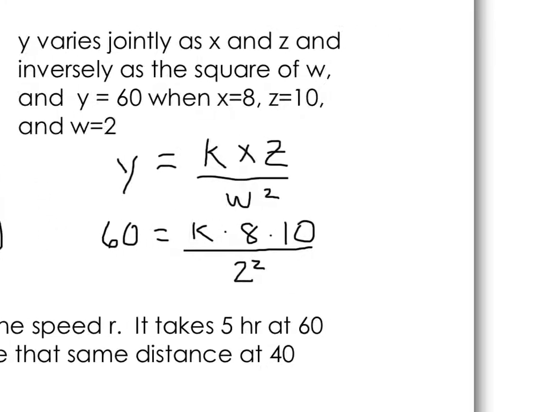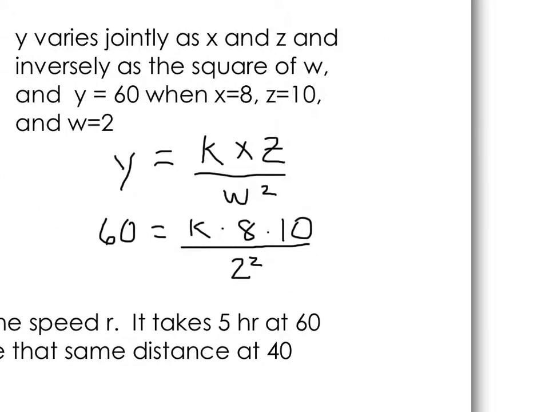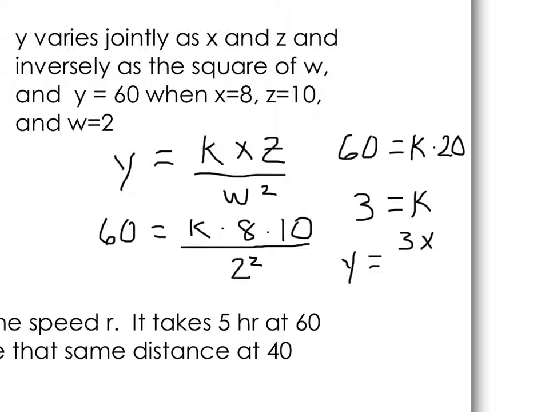We want to square w. So that gives us 8 times 10 is 80. 2 squared is 4, so 80 divided by 4. 80 divided by 4 is 20. Divide both sides by 20. K equals 3. So our final equation is 3xz divided by w squared.